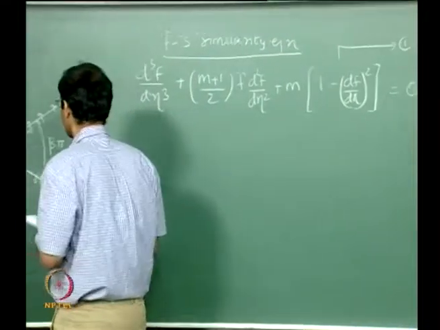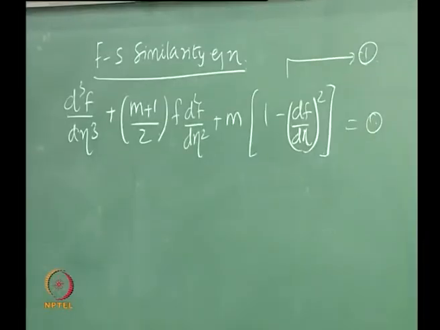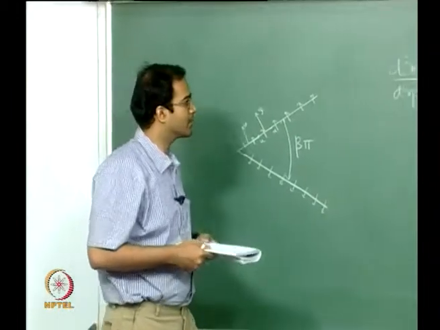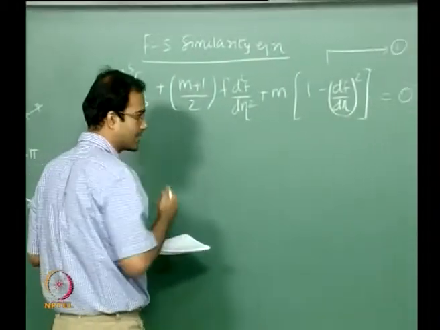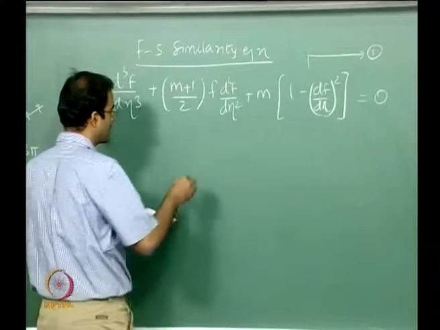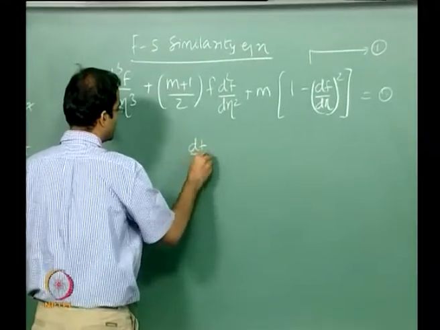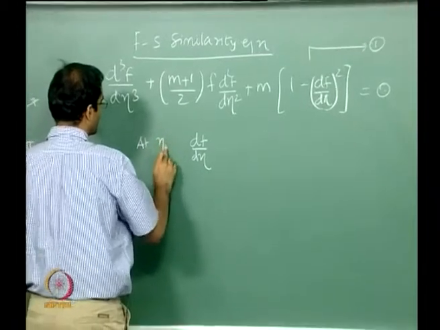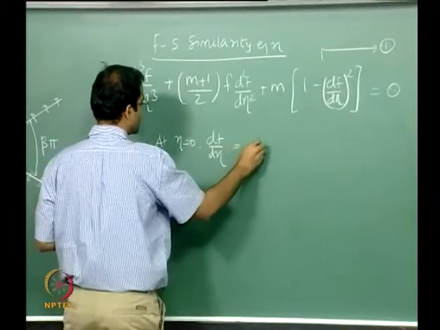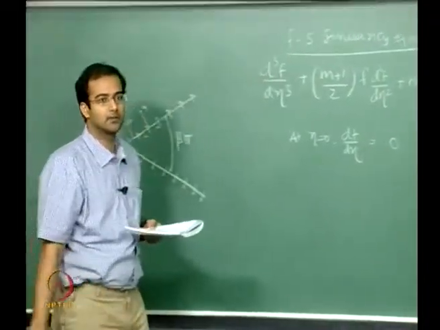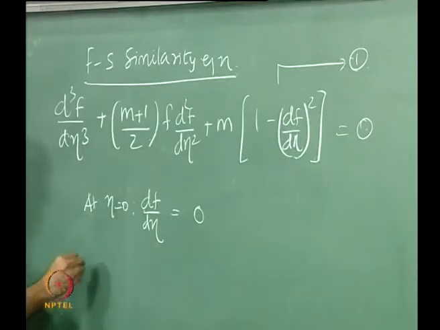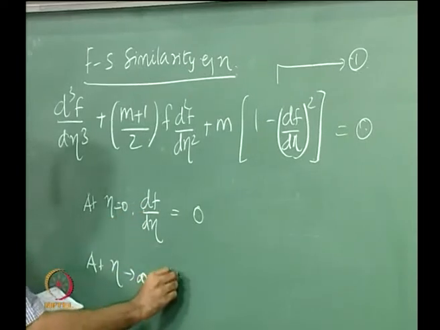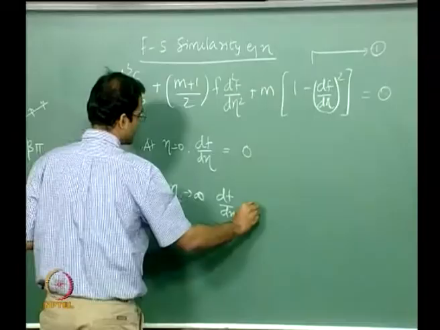Okay, so the equation is the same, the only thing that you need to modify is what? The boundary condition. Okay, so earlier we put the boundary condition that since u equal to 0, so your df by d eta at eta equal to 0 should be equal to 0, right, and at eta going to infinity this should be equal to 1.